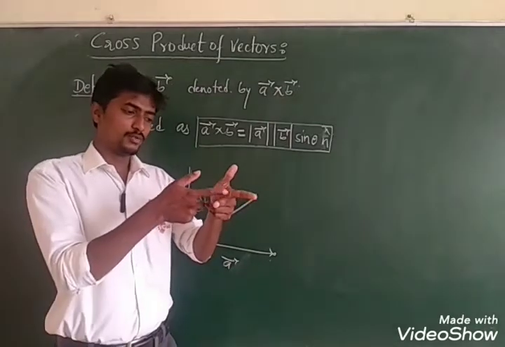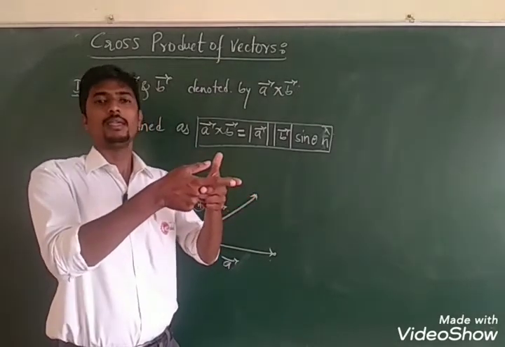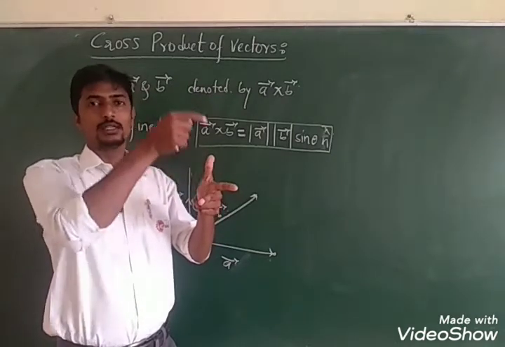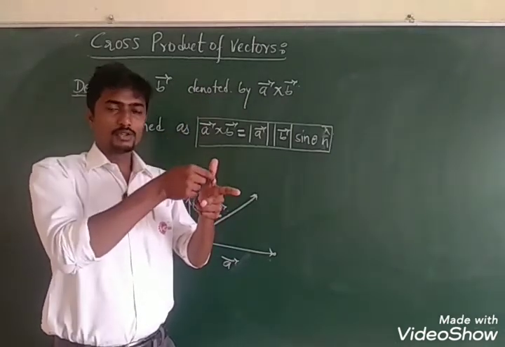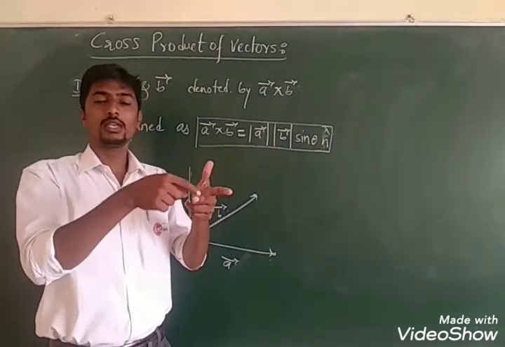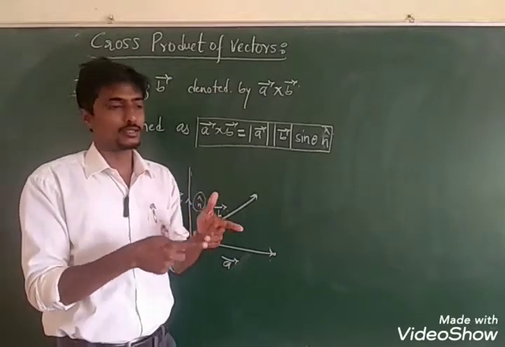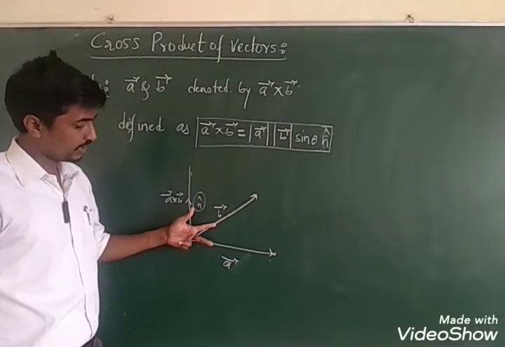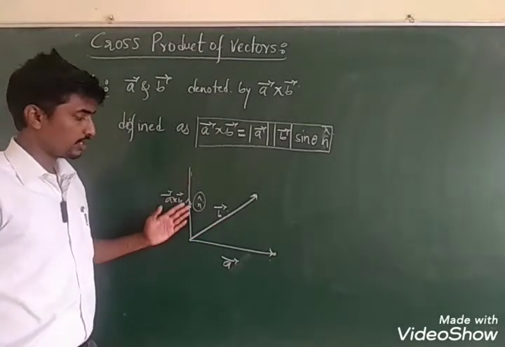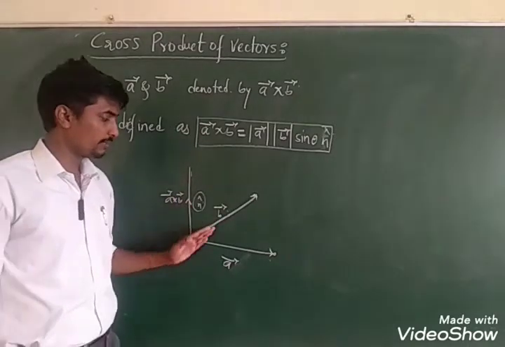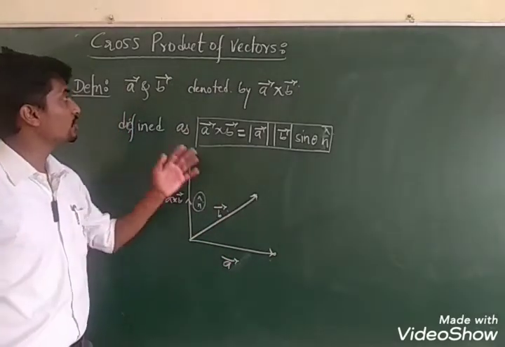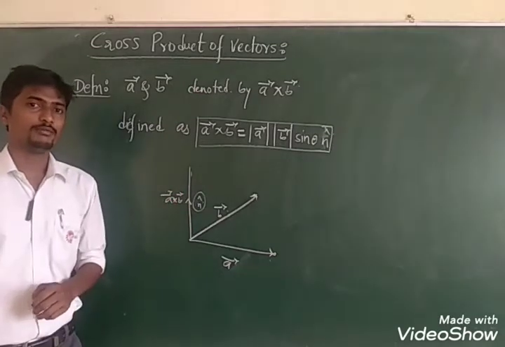If this is A and this is B, and the cross product of these two vectors is in this direction, then A cross B is the resultant vector, which is always perpendicular to the plane of A and B. If you put your thumb in this way, A cross B is always perpendicular to the plane of A and B. Yes, remember this point. So this is the cross product of vectors.